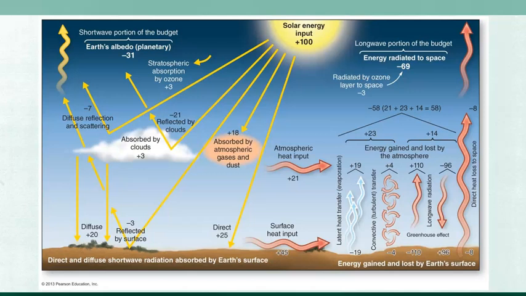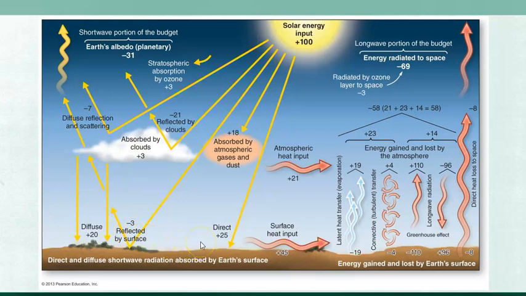Again, you don't have to memorize the numbers here, but you should appreciate the fact that of the energy that comes from the sun, which is 100%, about 31% of it never makes it to the planet. About 18% of it is absorbed by atmospheric gases and dust. 25% of it, and another 20% that's diffusely absorbed, is absorbed by the planet itself.